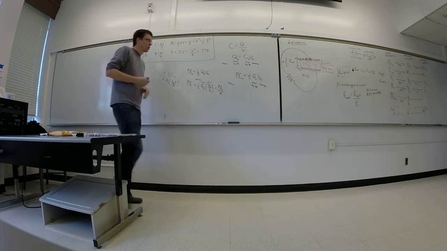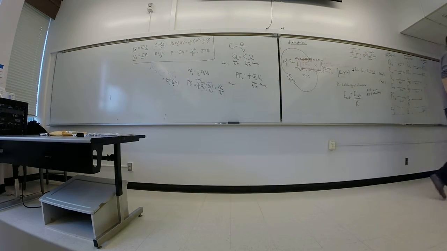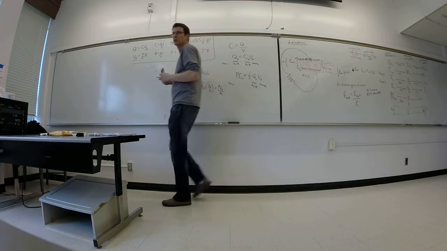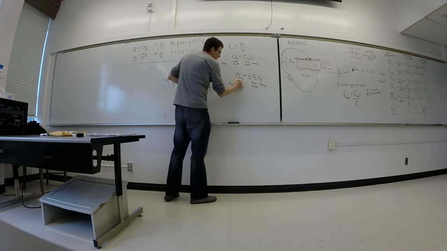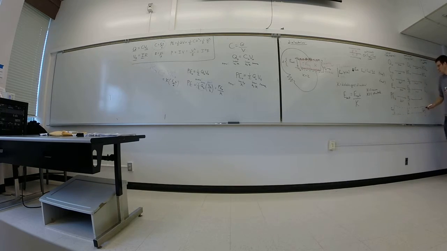It took that much more charge to get up to that voltage now because of that suppression we were seeing. So what's going to happen to the energy stored? It's going to increase by kappa, that's right. Now we're talking. We store more energy than we ever could have previously.